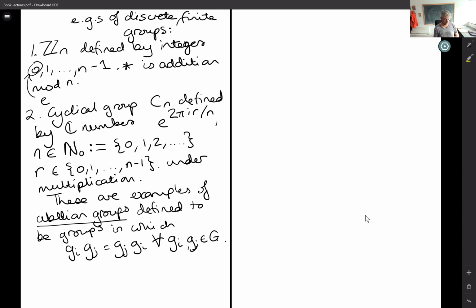Now you will notice that actually, I can define a one-to-one map between the cyclical group Cn and Zn. Basically r tells us the map. So in that case, if there is a bijective map between two groups, all the elements of the two groups, then they're said to be isomorphic. And that's the case here. So Zn and Cn are isomorphic.